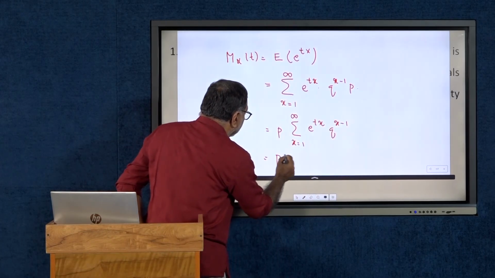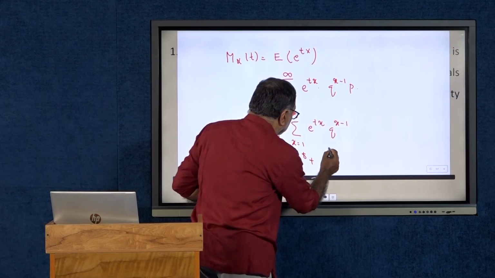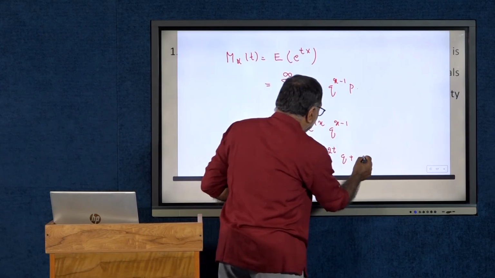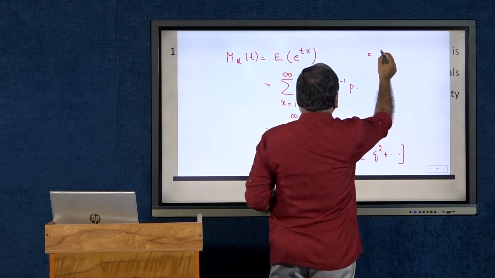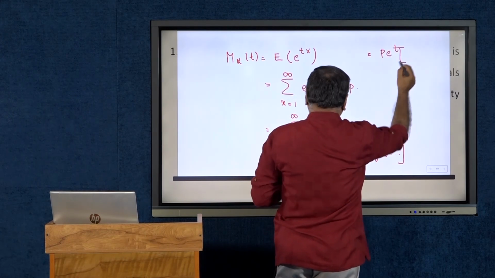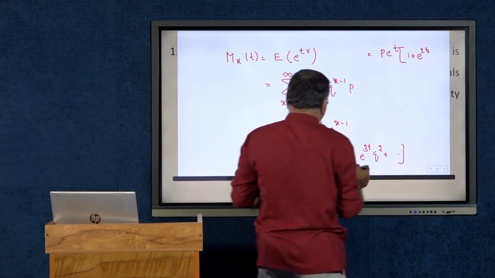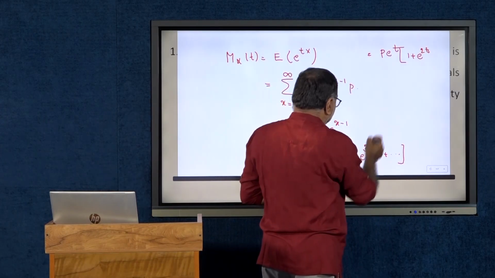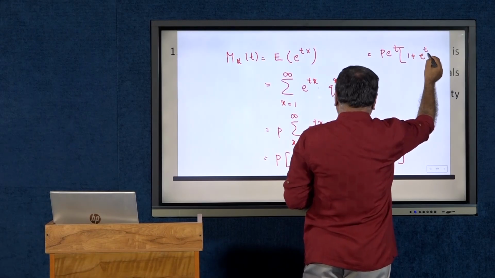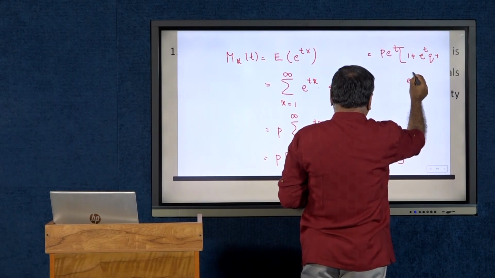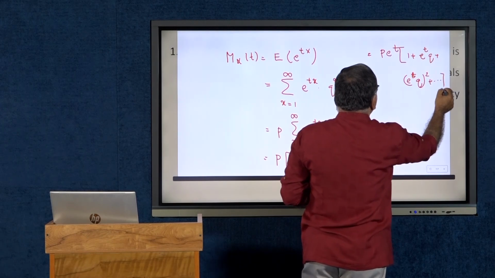Expanding, you have p into, when x is equal to 1, it is e power t, and when x is equal to 2, it is e power 2t into q, plus e power 3t into q square plus etc. That is equal to p into e power t, into 1 plus e power t into q plus e power t into q the whole square plus etc. That way you can write.